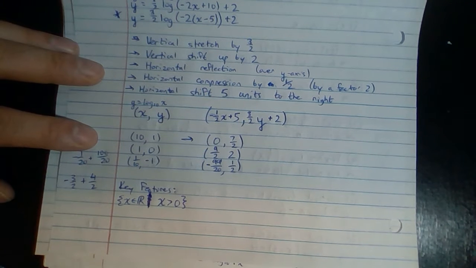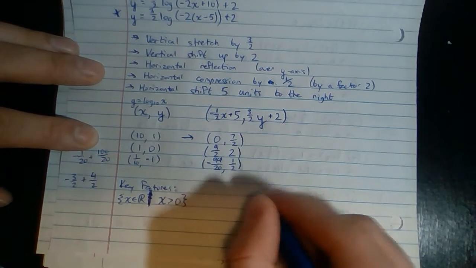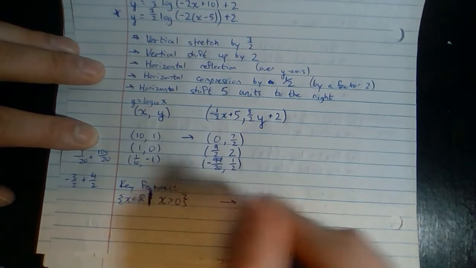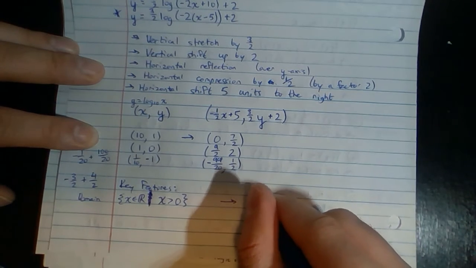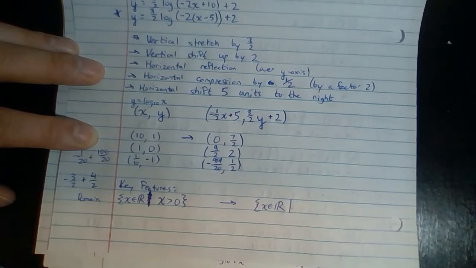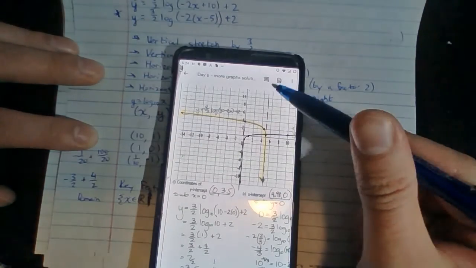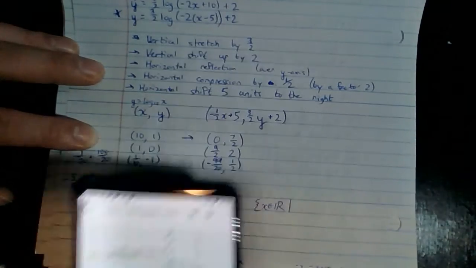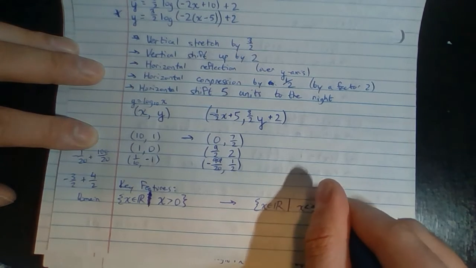We need a positive number in the argument. Now, in our transformed function for the domain, now we're moving to the left of this asymptote at x equals 5. So x has to be less than 5.